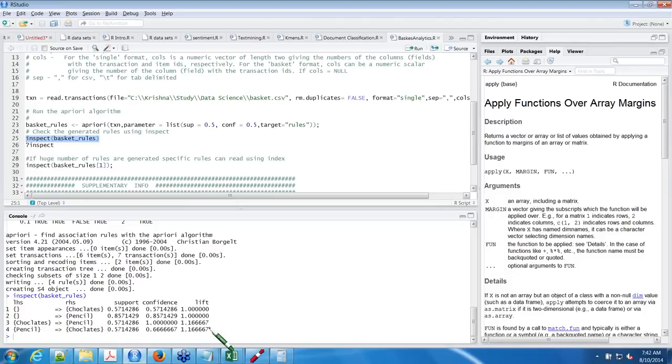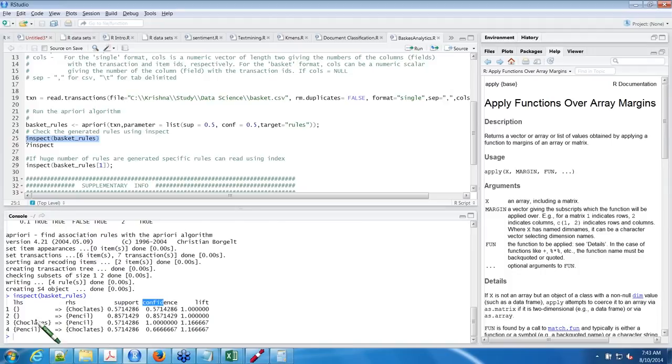Got it? And a lift of 1.16, that is an increase between this and this, which is observed and expected rising to 1.16. So the lift is only a kind of information which is not used for any analysis. The main purpose is support and confidence only.